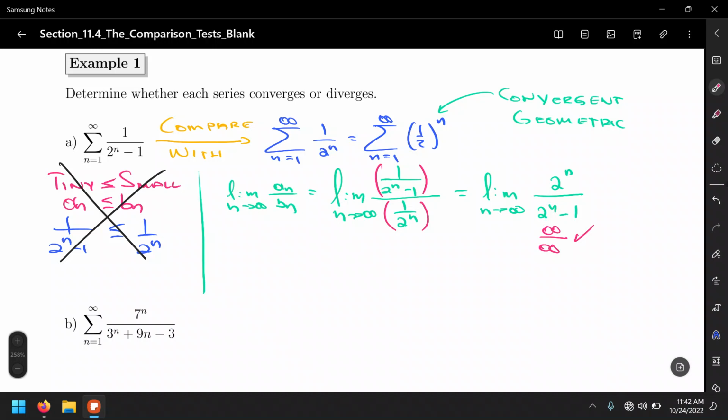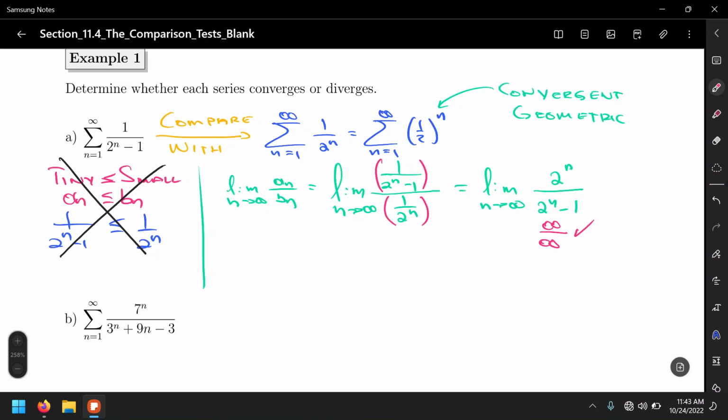Maybe rationalizing a numerator or denominator, well, that's not going to work because we don't have any radicals. Maybe multiply by a conjugate, well, that's used with radicals as well, so no, it's not going to work. So in this case we have a plan B: because this is an infinite limit, we can divide by the highest degree term in the denominator, but that's going to take some writing, or we can use L'Hopital's rule.